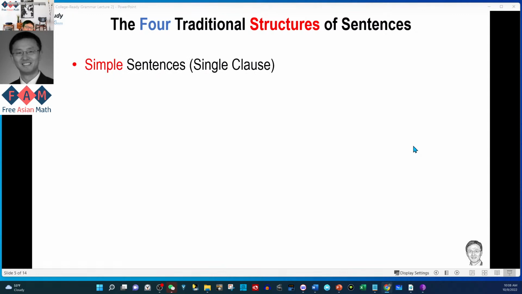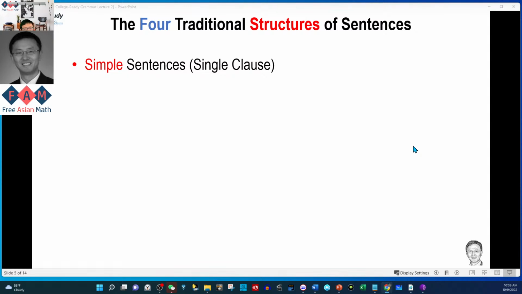So simple sentences. This is the first type. Well, we already saw a few of them, right? So what is a simple sentence? Well, a simple sentence essentially is just one so-called clause. Okay? So you can think about a clause as essentially one simple sentence.